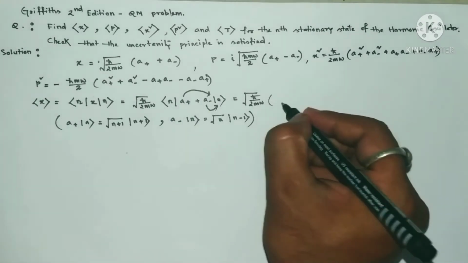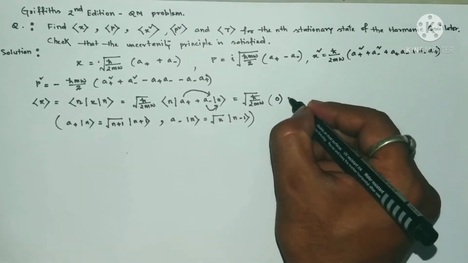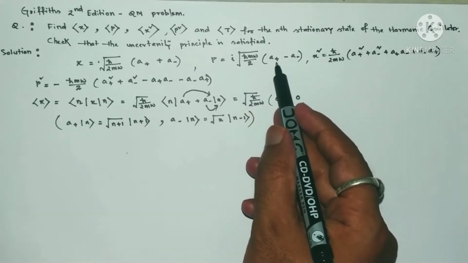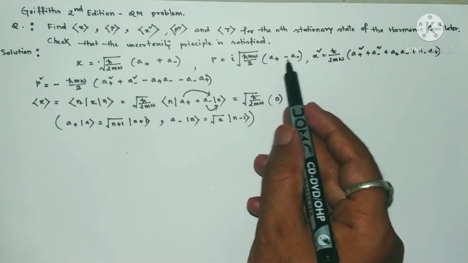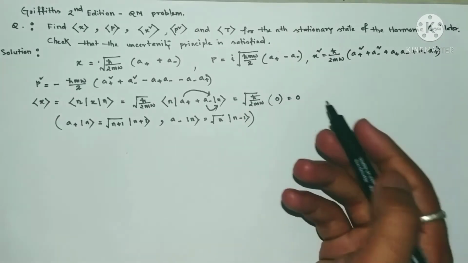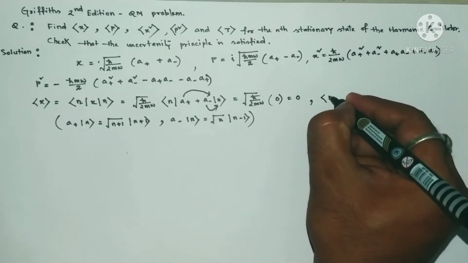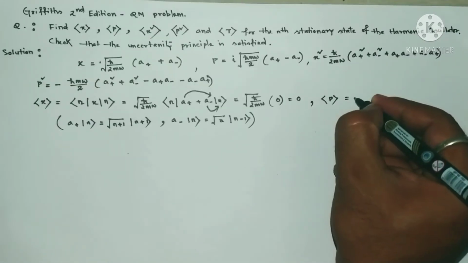So ultimately this will be 0. Similarly, we can see for p, the operators a plus and a minus will be the same, so in case of the momentum operator, the expectation value will also be 0.